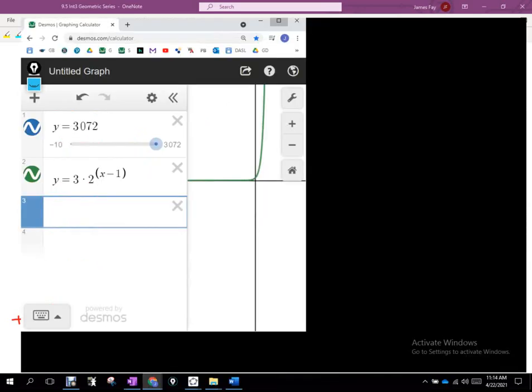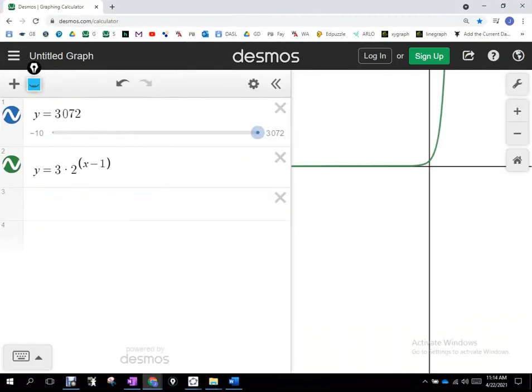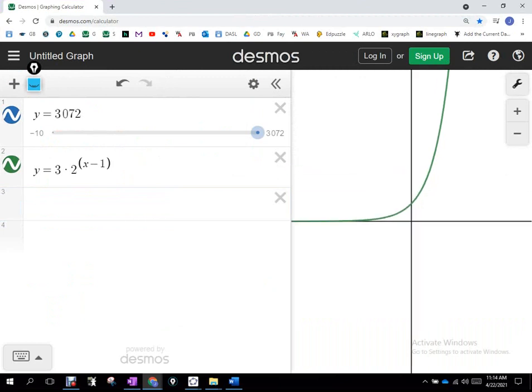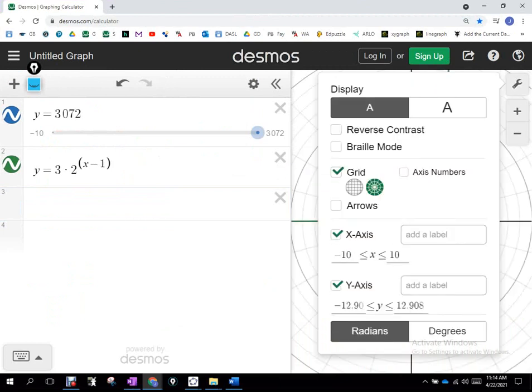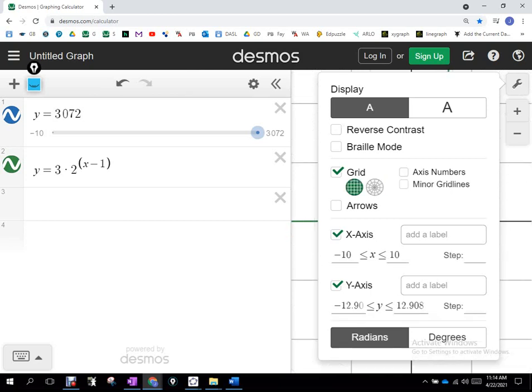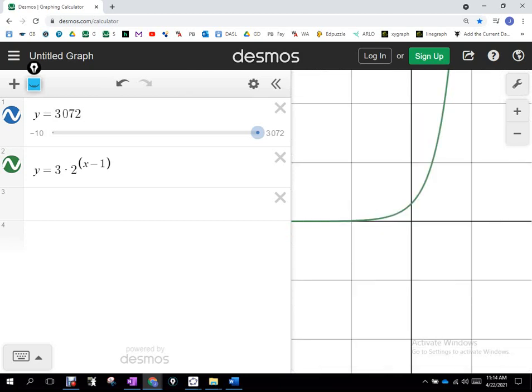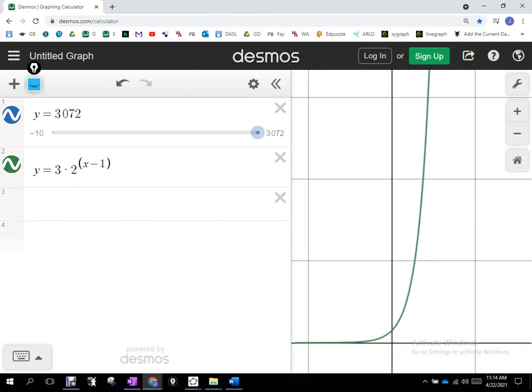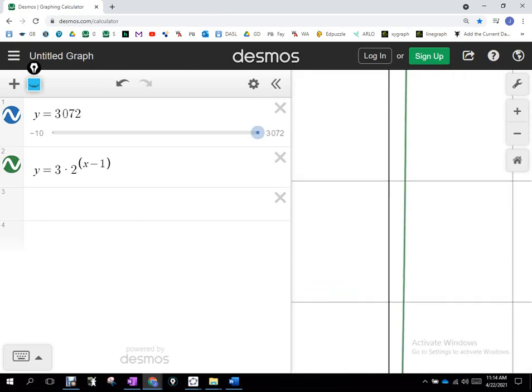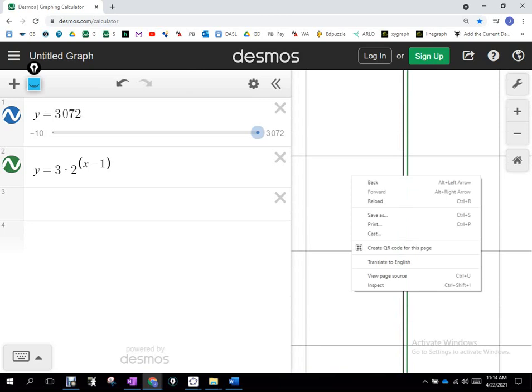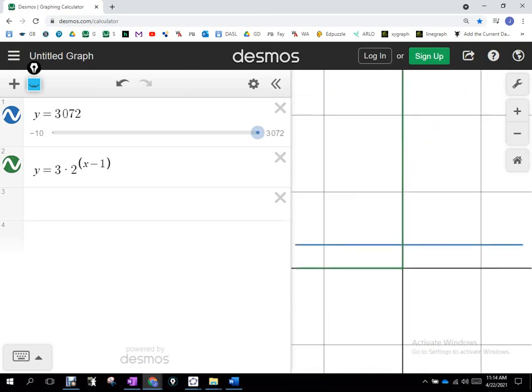If I do that, okay, and let's set this thing back up to have the grid shown. I want the axes there. So I got to find 3072, which is a y value that is way up here. There it is.